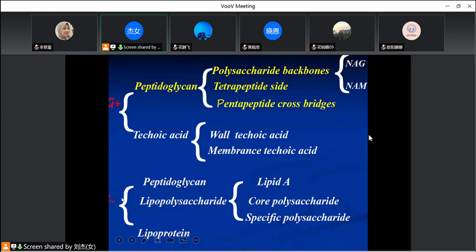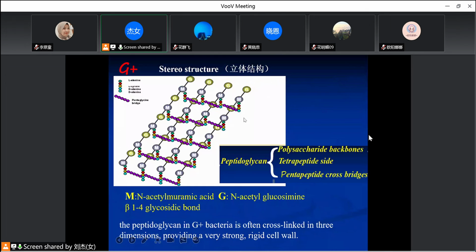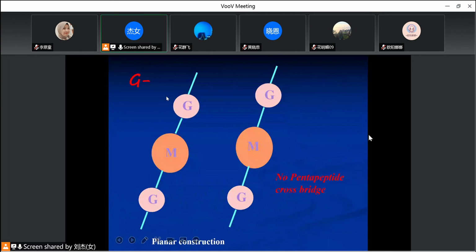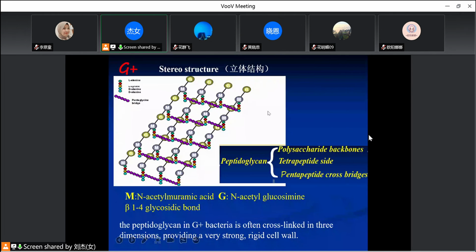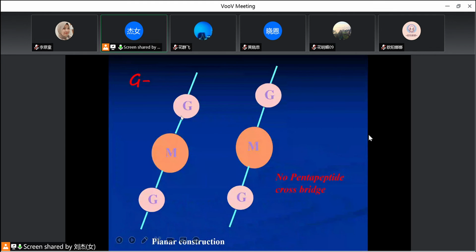And for the gram-negative bacteria, they also have peptidoglycan, and they have lipoprotein. Let me show. This is gram-positive, and here is gram-negative. For the gram-negative bacteria, they also have the backbone, M and G. However, they don't have a very strong bridge between each backbone.